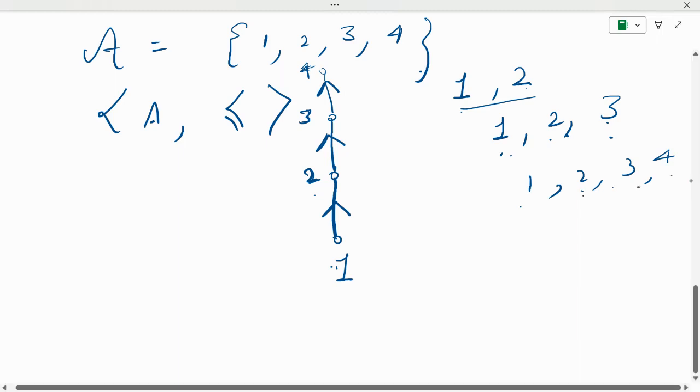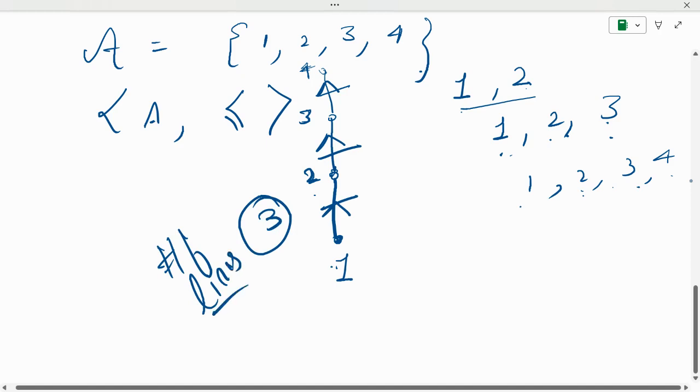If we need to find out the number of lines here, how many lines are there? This is 1, this is 2, this is 3, and this is 4. Altogether the total number of lines is 3. Now, how to get this number of lines? Either you can count it this way, or you can write for each element.